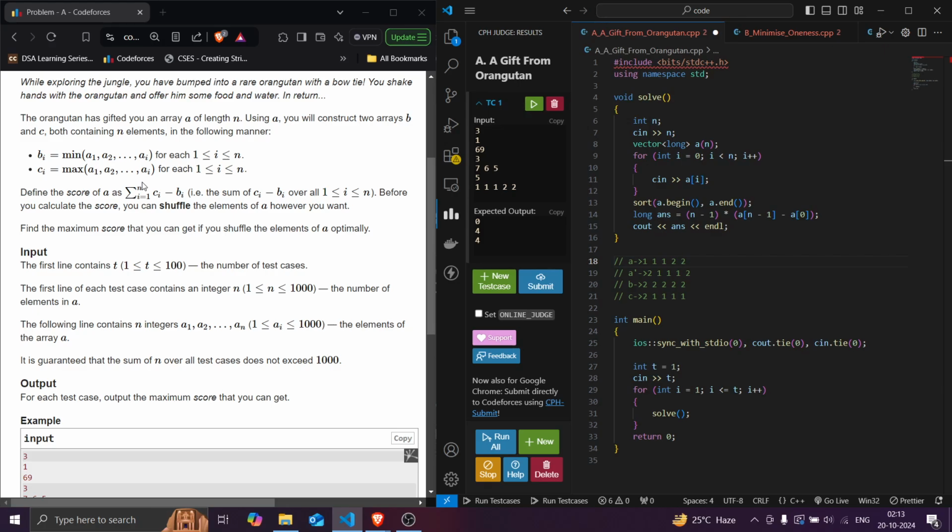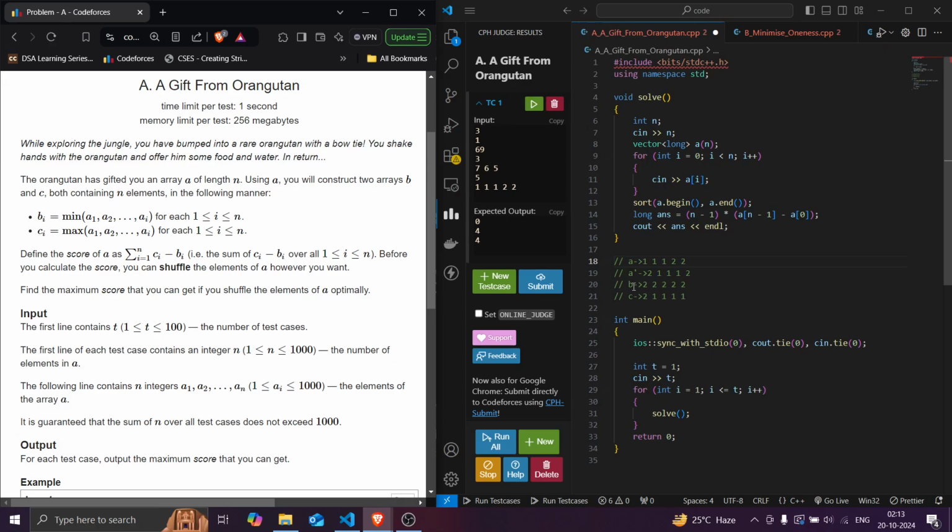For C always being maximum, the best way is to keep the largest element at the front, because once my A1 is the largest element, eventually all my elements will be the largest. Since A1 is the largest of A1 and A2, whatever A2 is, A1 will again be the largest, so C1 is largest, C2 largest, and with another A3, C3 again will be the largest. So this is how my largest will become.